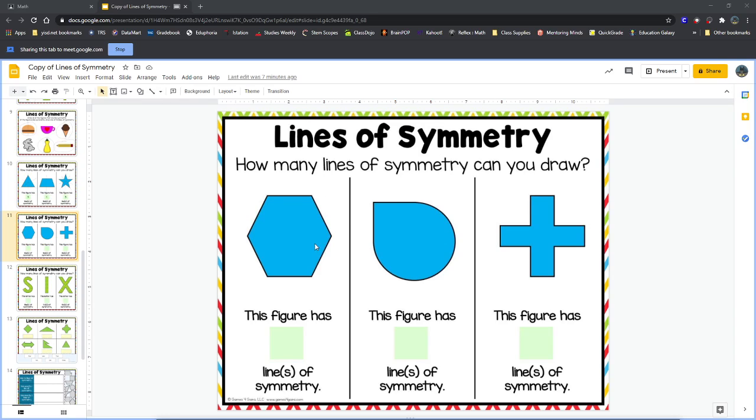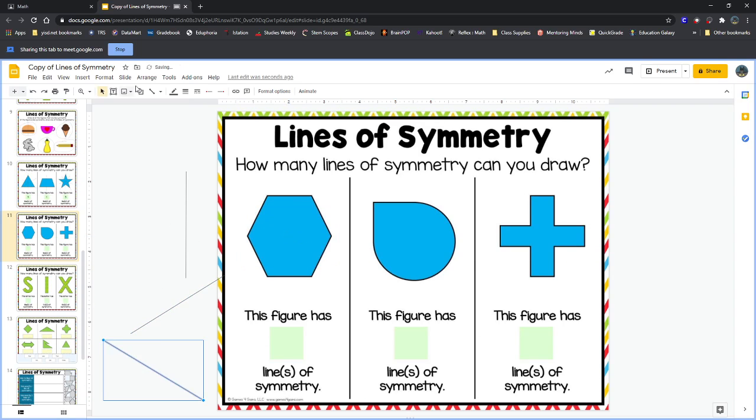Lines of symmetry for my first shape, hexagon. I'm going to show you how many lines of symmetry there are. See if we got it correct. 1, 2, 3, 4, 5, 6.